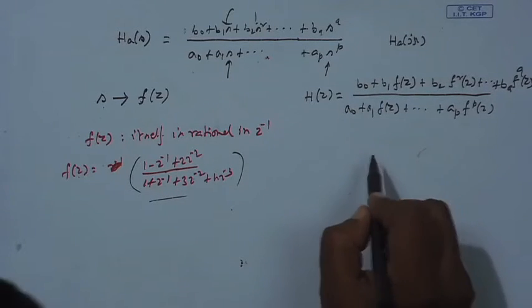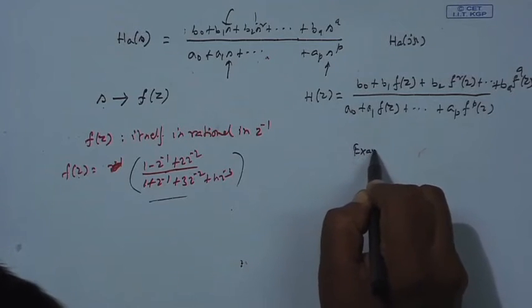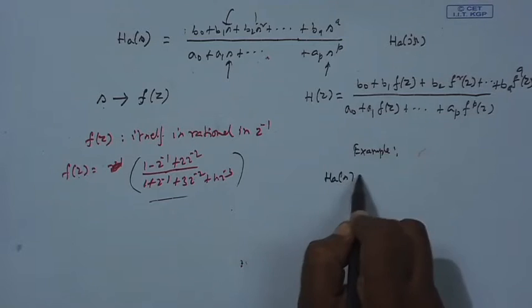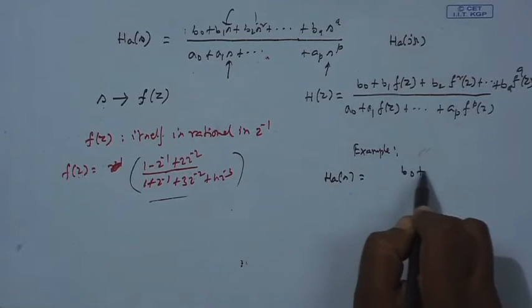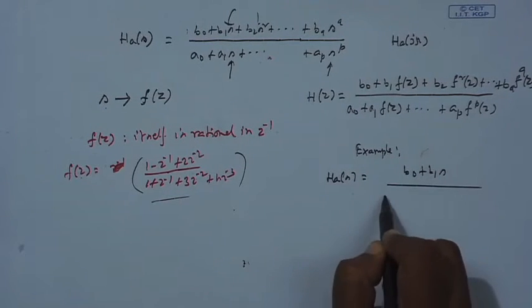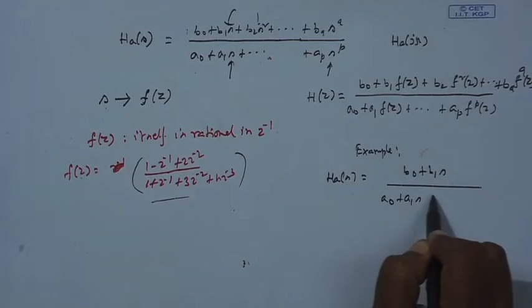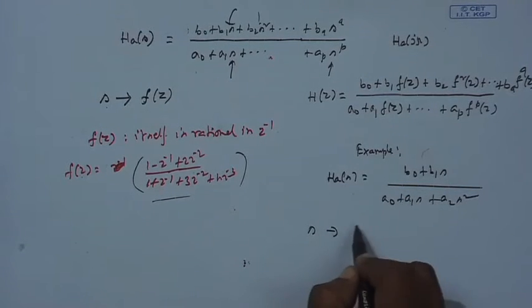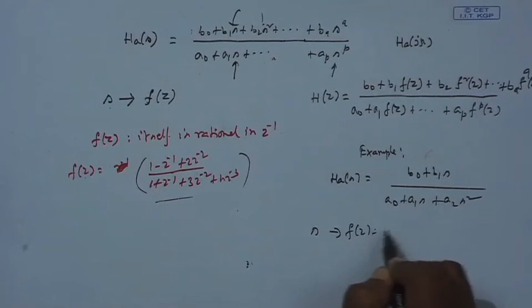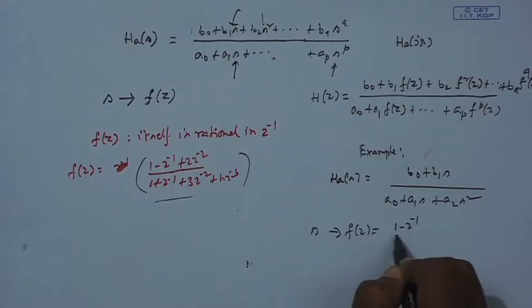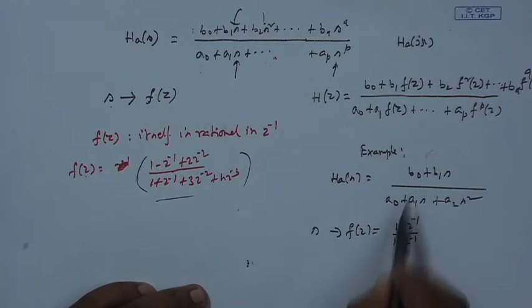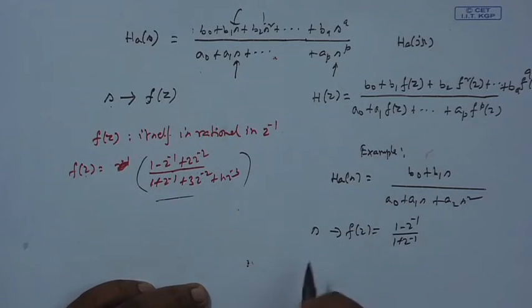As an example, suppose your H(s) was just B0 plus B1 s over A0 plus A1 s plus A2 s square, and suppose s you are replacing by f(z), which is very simply 1 minus z inverse by 1 plus z inverse. So, if I put that back here, what will I get?